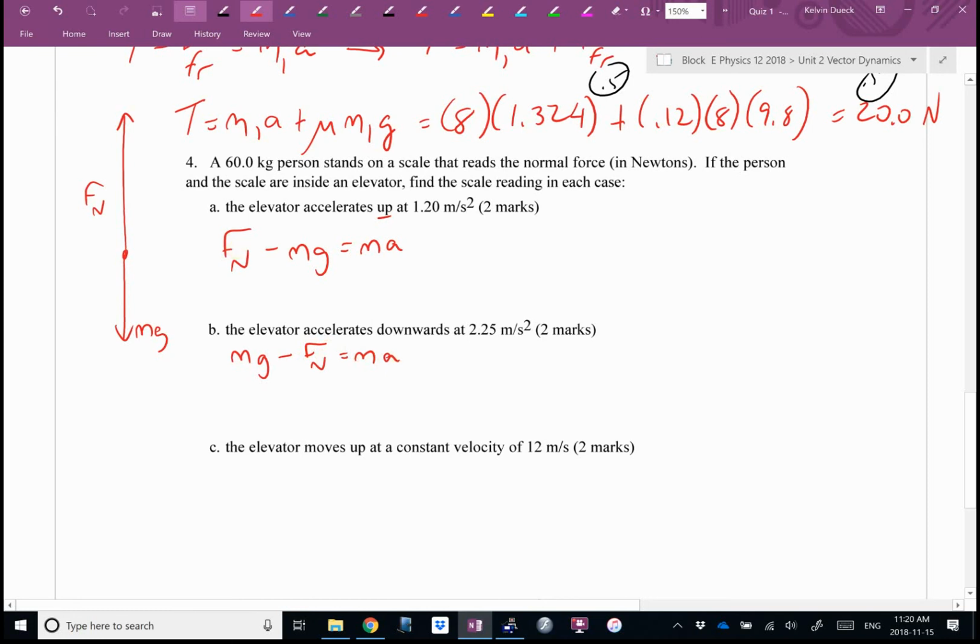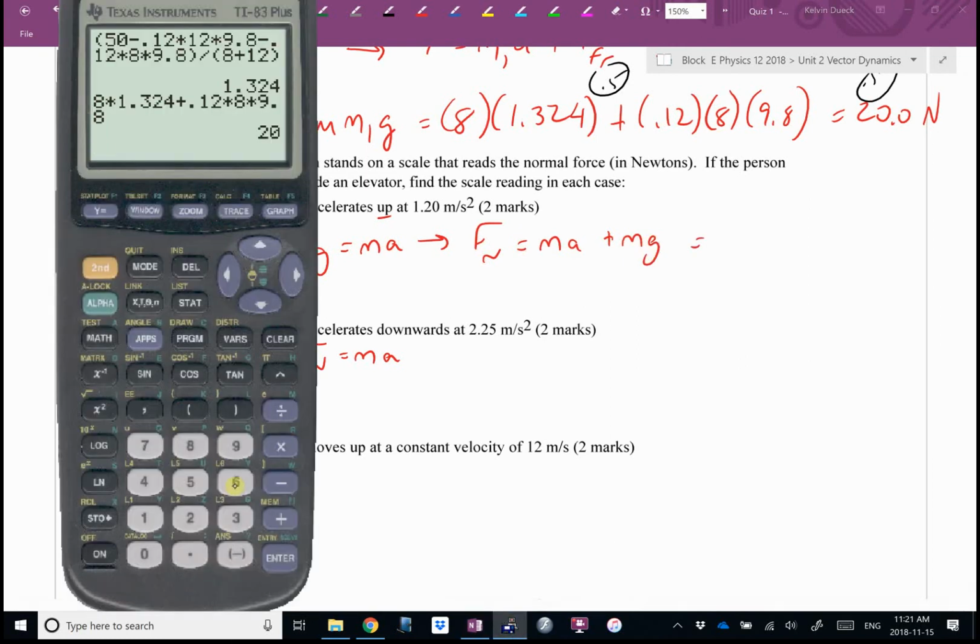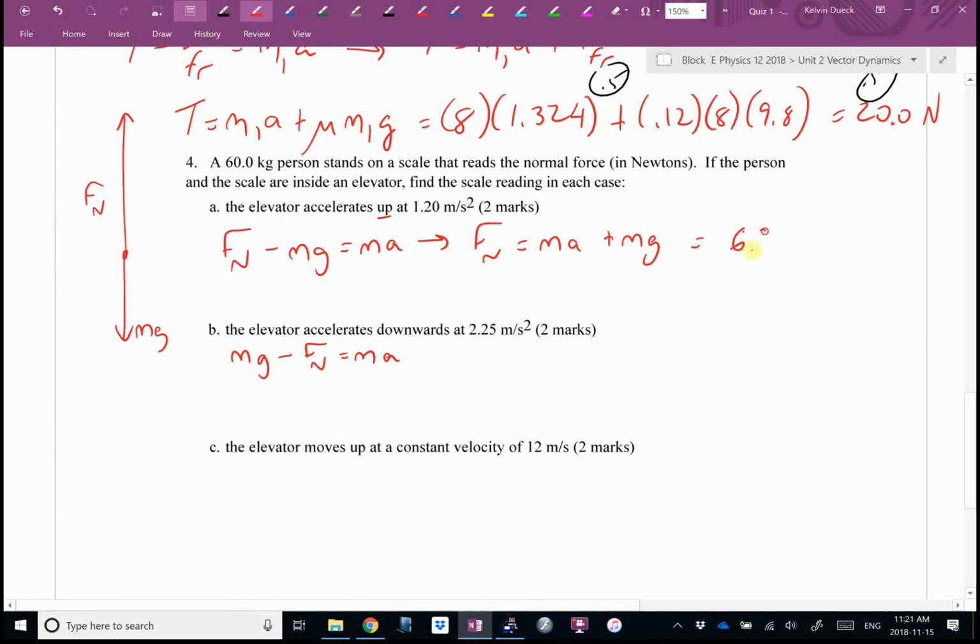Let's get the normal force by itself here. Normal force is going to be ma plus mg. Going to be 60 times 1.2 plus 60 times 9.8. You get 660 for answer A, Newtons.